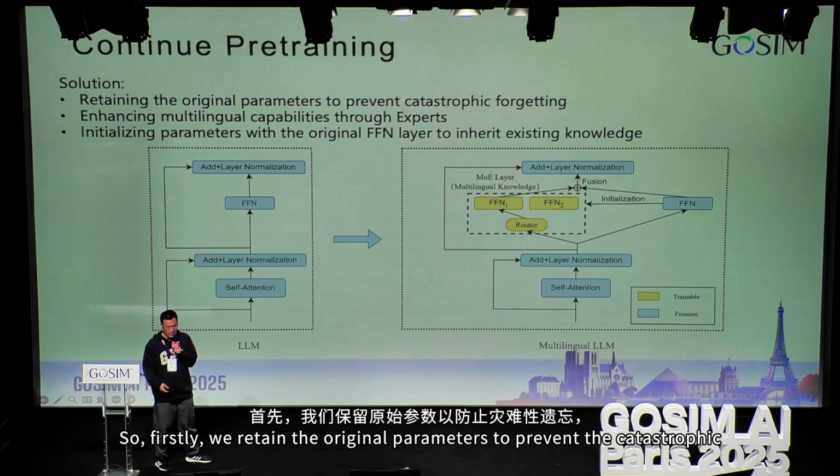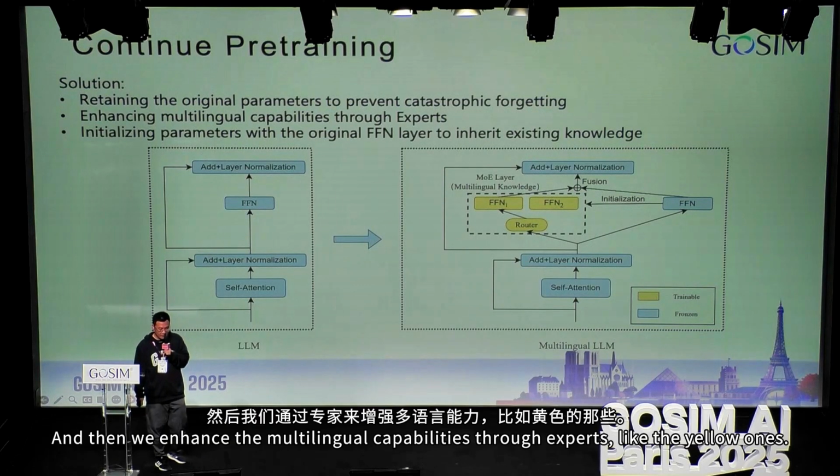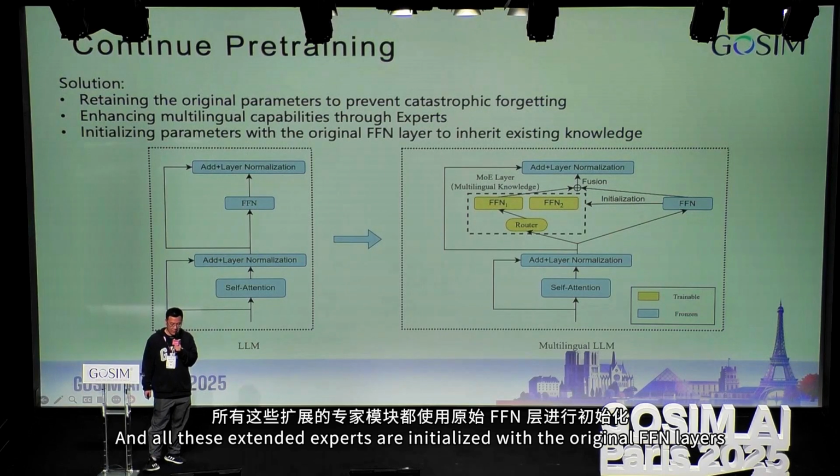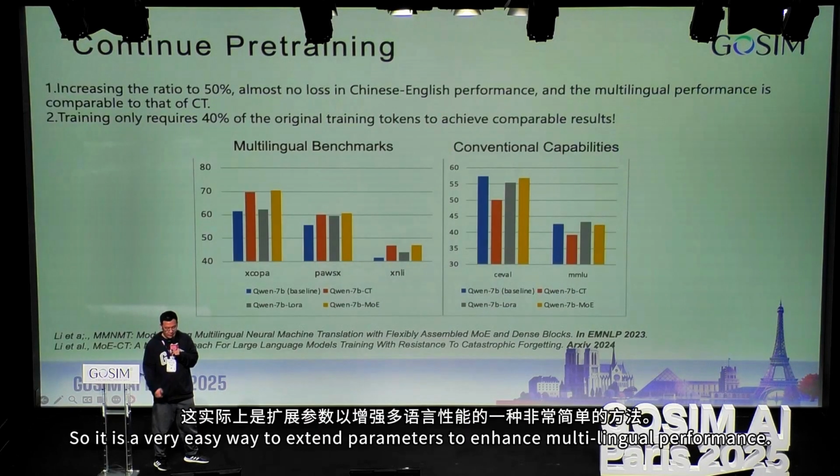Firstly, we retain the original parameters to prevent the catastrophic forgetting, like the blue ones. And then we enhance the multilingual capabilities through experts, like the yellow ones. And all these extended experts are initialized with the original FFN layers to inherit existing knowledge. So it is a very easy way to extend parameters to enhance multilingual performance.